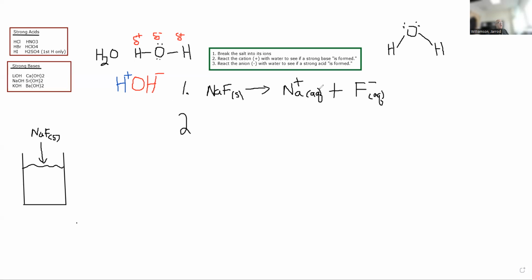Step two, I'm going to react the cation with water to see if a strong base is formed. Which one is the cation? The cation is the positively charged ion. So I'm going to take my cation, sodium ion, aqueous, and it's going to react with the water, H2O. This is the part where we're going to kind of mentally cheat. We're going to think of that as H plus and OH minus.